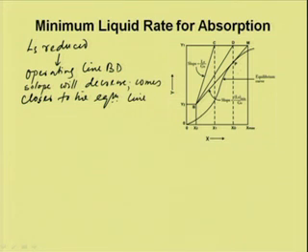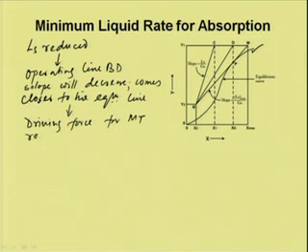So, if the operating line comes closer to the equilibrium line, the driving force for mass transfer is reduced.